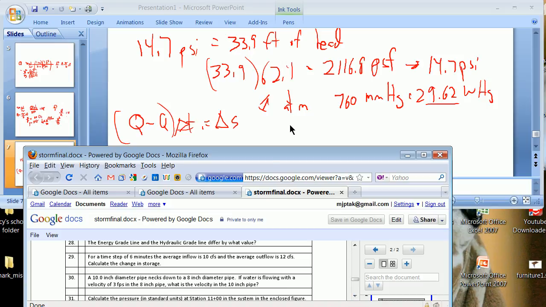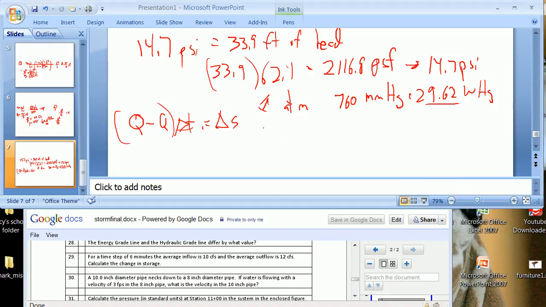Number 30. Q equals velocity 1 times the area 1 equals the velocity 2 times the area 2. But the diameters are given, so instead of a direct proportion, it's a proportion to the square. You take the proportion of d1 to d2, square it, and multiply by the velocity.